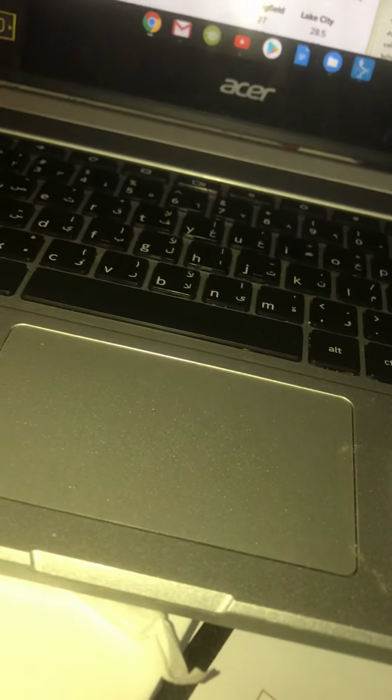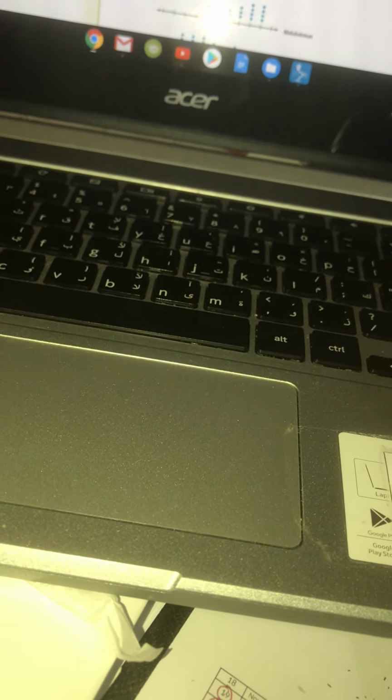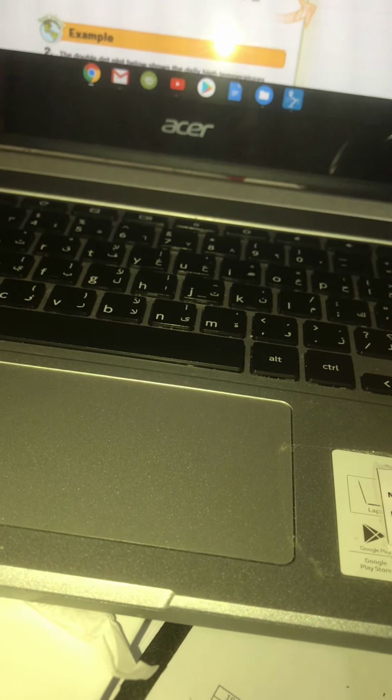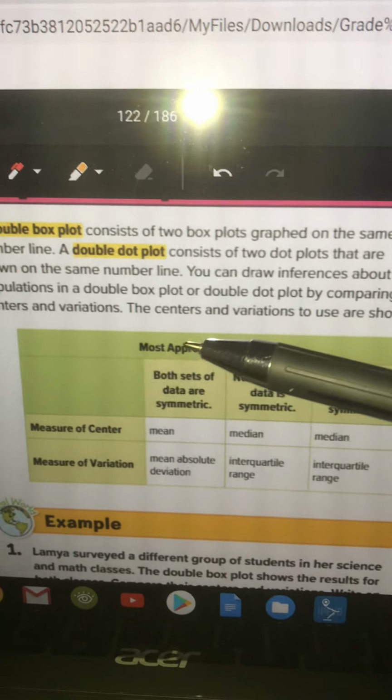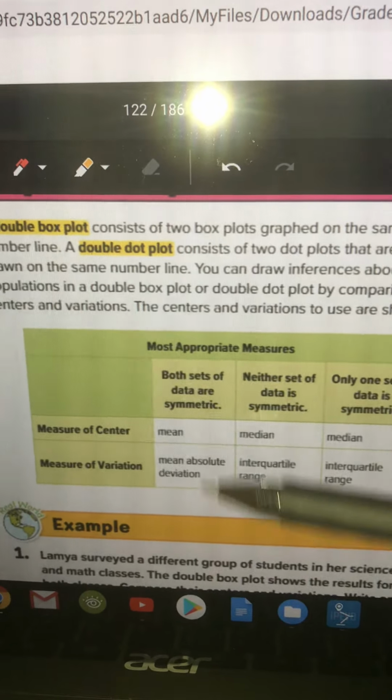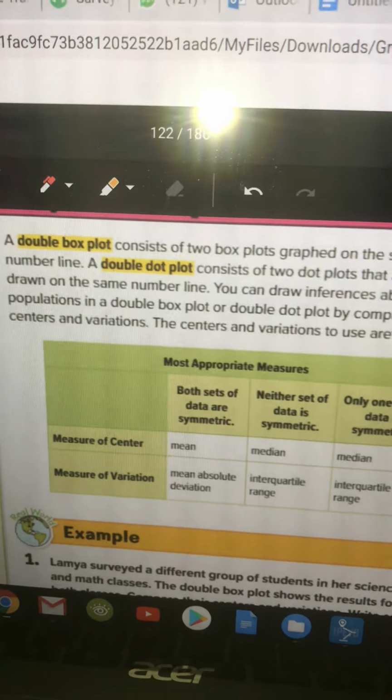All right, now let us do example A. Before we do example A, we've already discovered how to identify if your data is symmetric or non-symmetric. If both of them are symmetric, not one, both, that means they look like this.